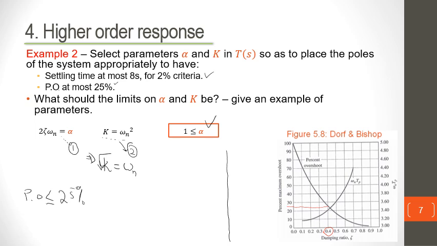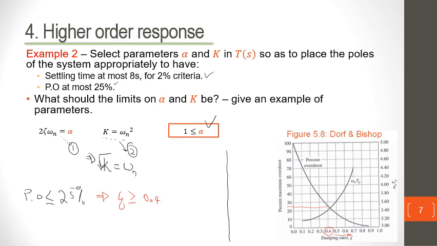And if we want to limit our peak overshoot to this value, it means that the damping factor has to always be at least any value which is higher than 0.4. So we can tell then that this implies that the damping factor has to be higher than or equal to 0.4. So 0.4 is the lower limit.